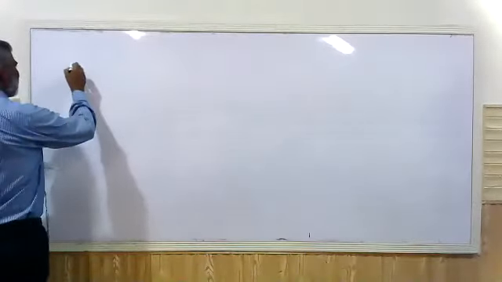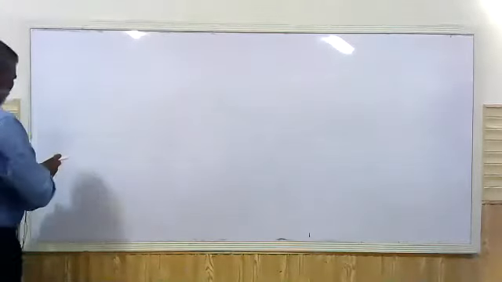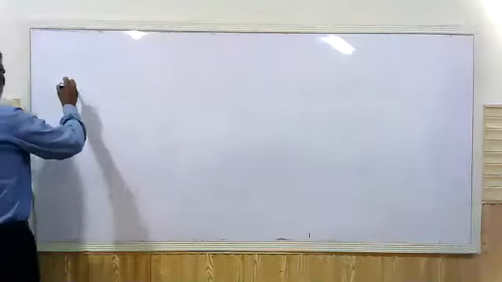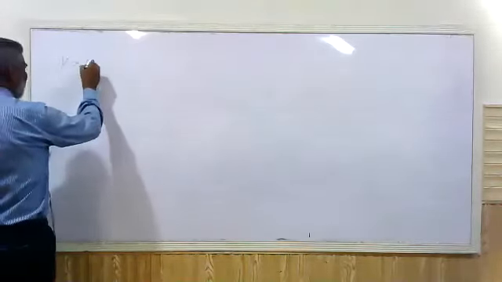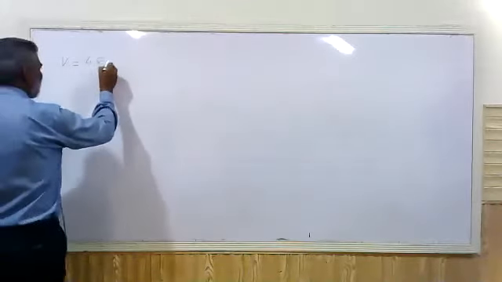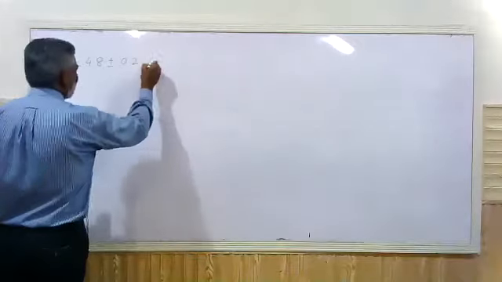It could be two values given. Let's say they have given us the value of voltage, and that is 4.8 plus minus 0.2 volt.